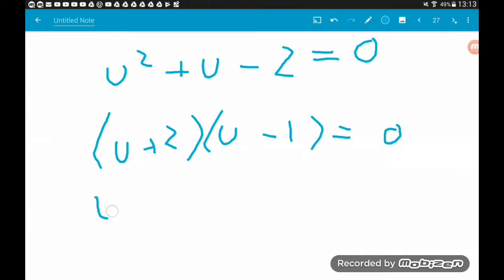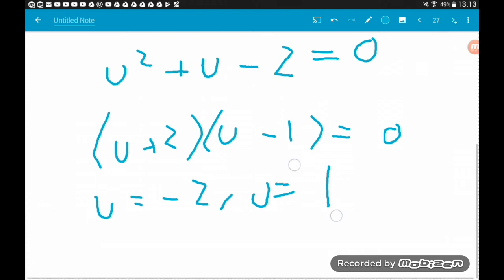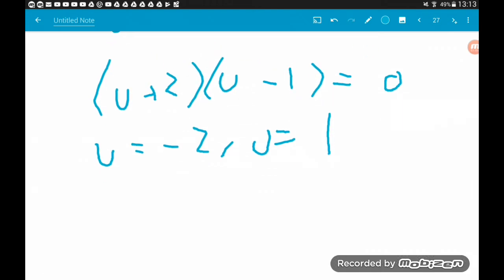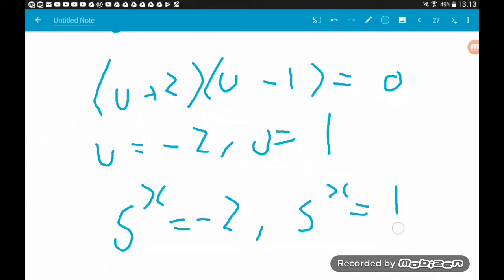So u is equal to minus 2 and u is equal to positive 1, like that. So we've got down to what our u's are equal to. We can then say 5 to the power x equals minus 2 and 5 to the power x equals 1.